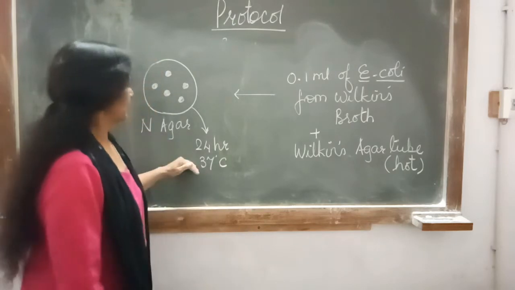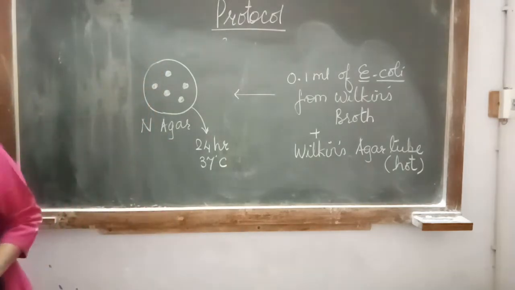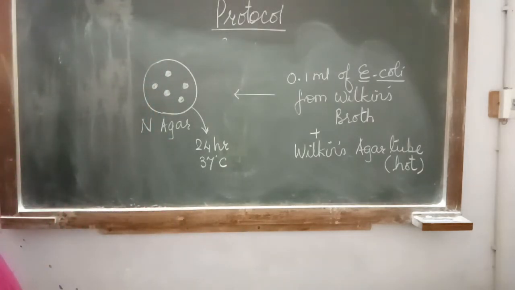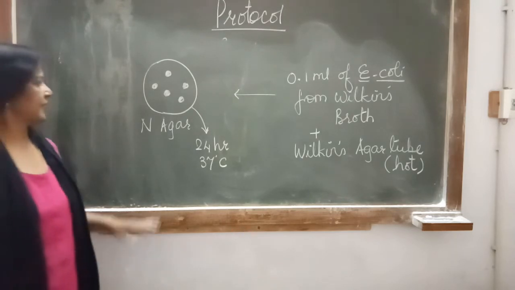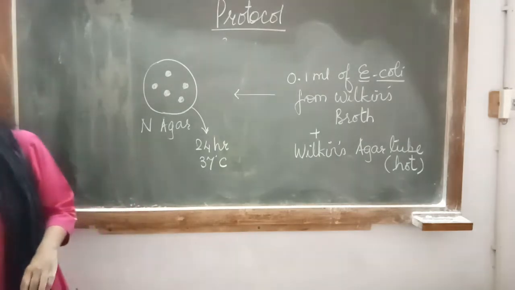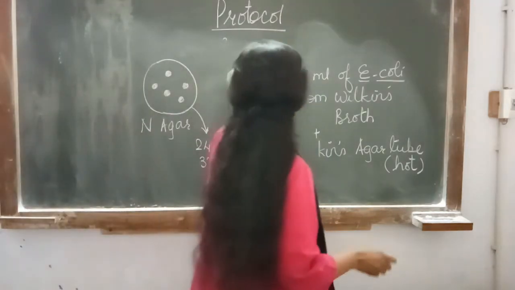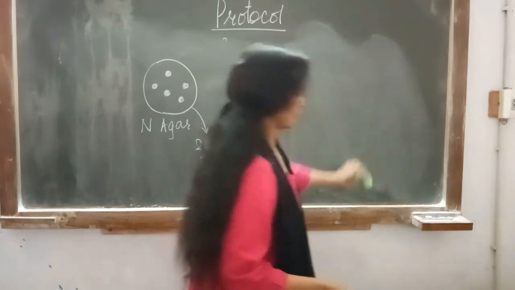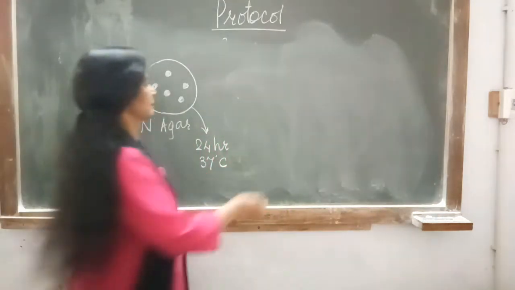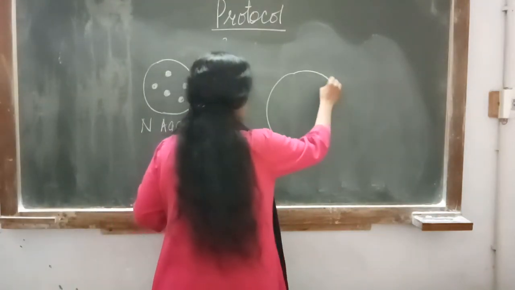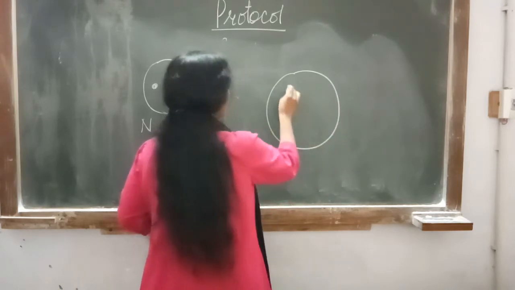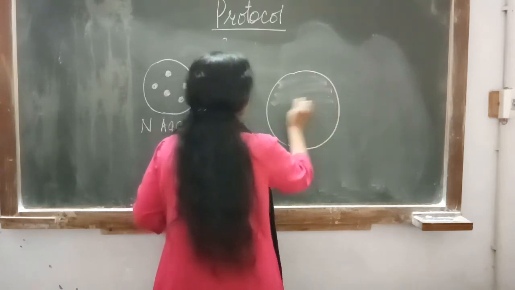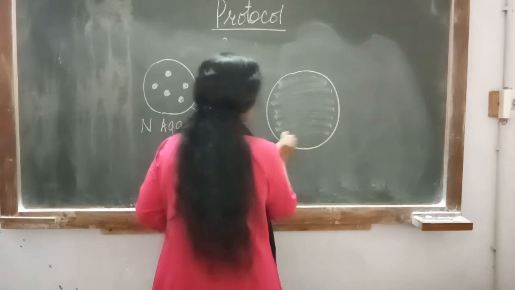Okay, so after this incubation for the second day, we will see the result. I will just make it bigger for the understanding. So this will be our Escherichia coli.